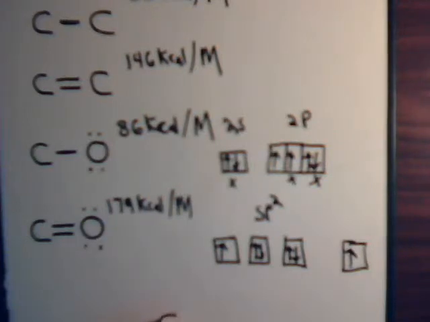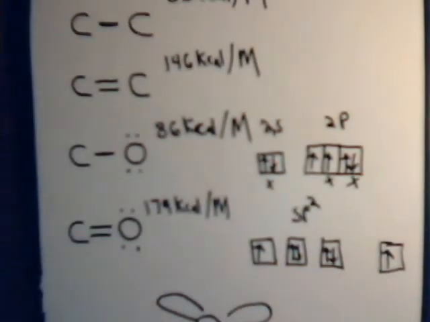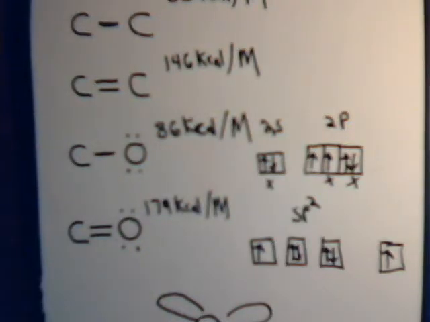Remember what an sp2 bond is, or sp2 orbital. They are 120 degrees apart from each other, this being an oxygen nucleus. Here, they're 109 degrees apart because we have the sp3 tetrahedron geometry, as we talked about in the previous video.